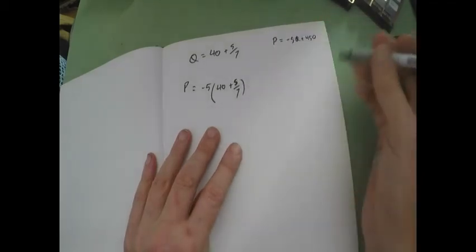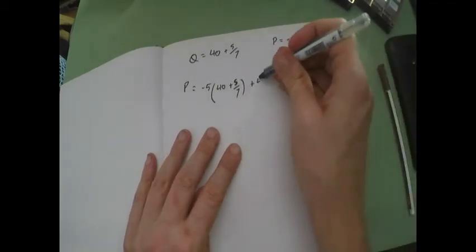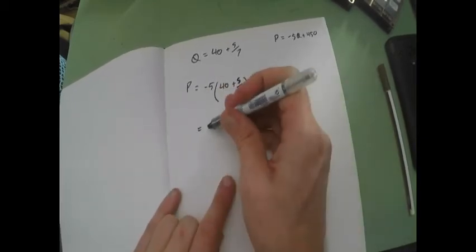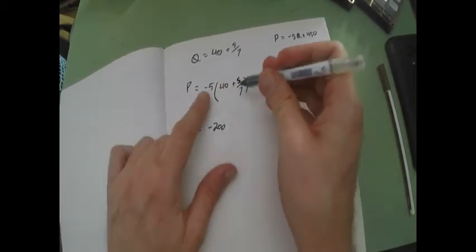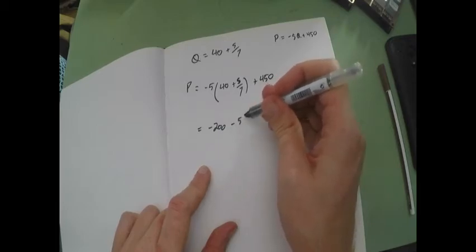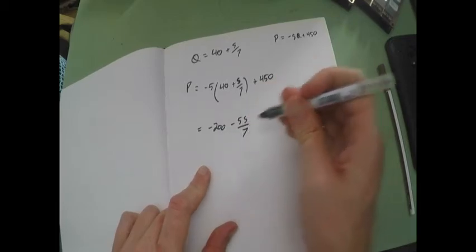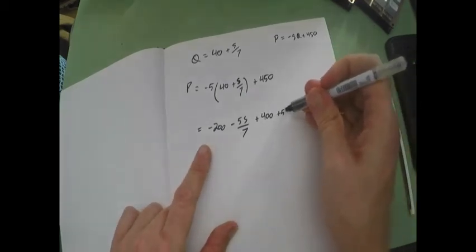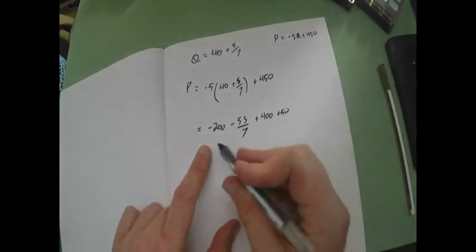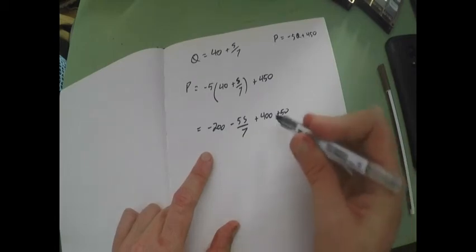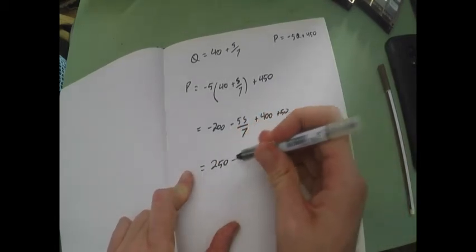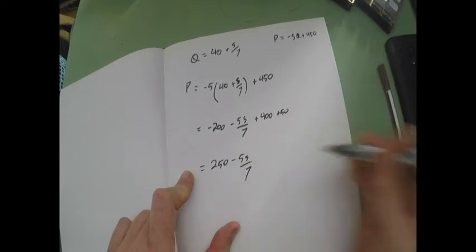S over 7 plus 450. Let's go ahead and simplify. This is going to be minus 200. This will be minus 5S over 7, and then plus 400 plus 50. Forgot that. Minus 200 plus 400, that gives us plus 250. So we've got 250 minus 5S over 7.